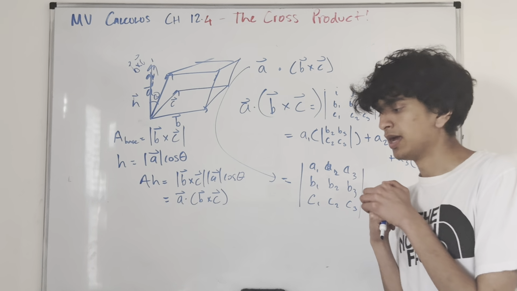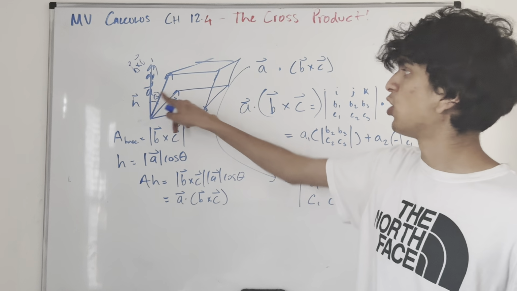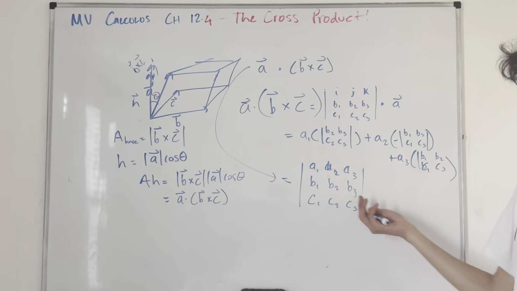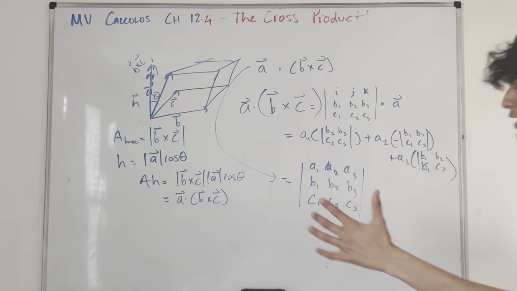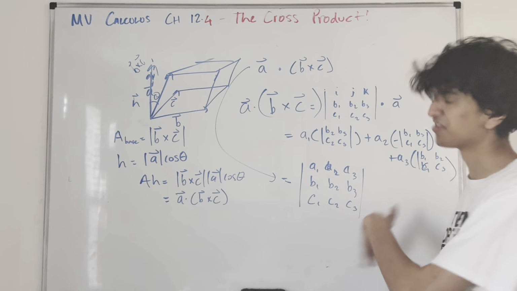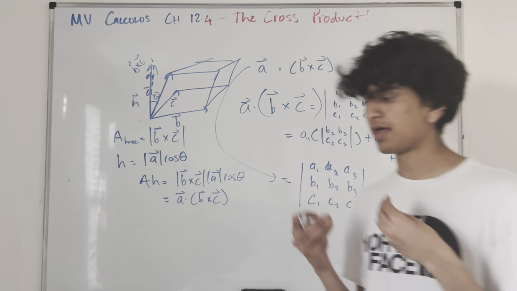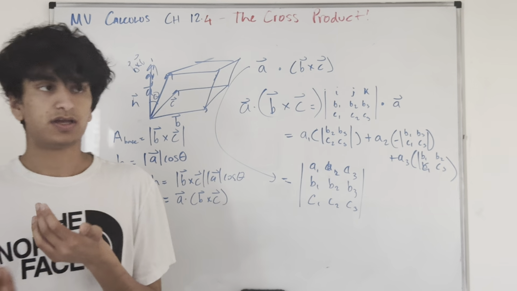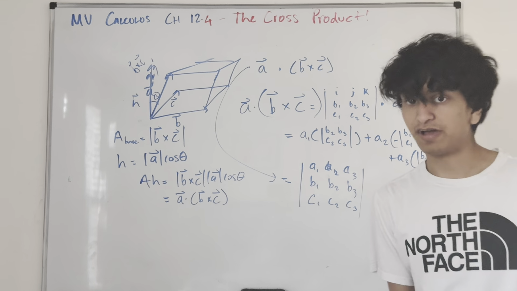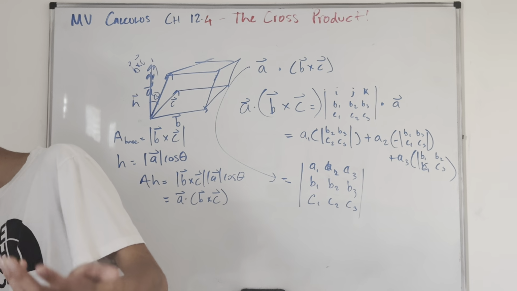But if you take three vectors that are coplanar, meaning A is on the same plane as B and C, well, this volume would be 0. So when I take the scalar triple product, it would end up equaling 0. So if you're taking the scalar triple product of three vectors and you end up getting 0, that just means the volume of the parallelepiped equals 0, which means that the three vectors are on the same plane. So that's pretty useful.